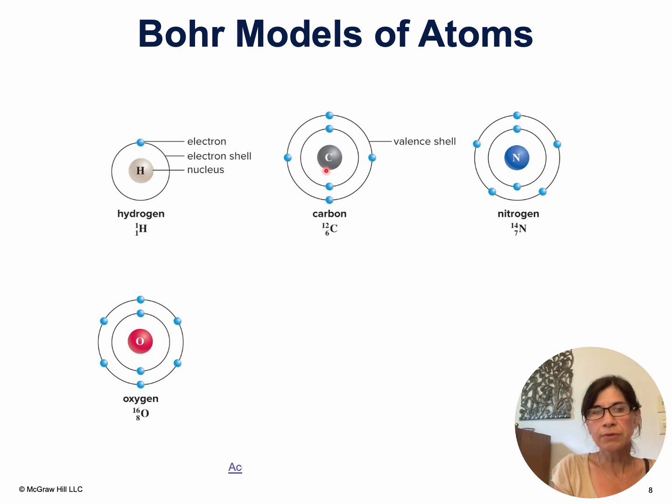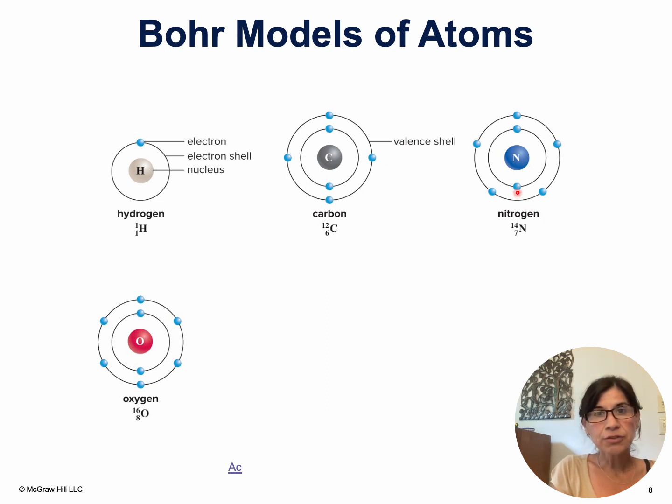Carbon, which we just talked about, has an atomic number of 6. It has 2 in the first one, that shell's filled, and 4 in the second, for a total of 6. It would like to fill that outer valence shell, so it would like to have 8.